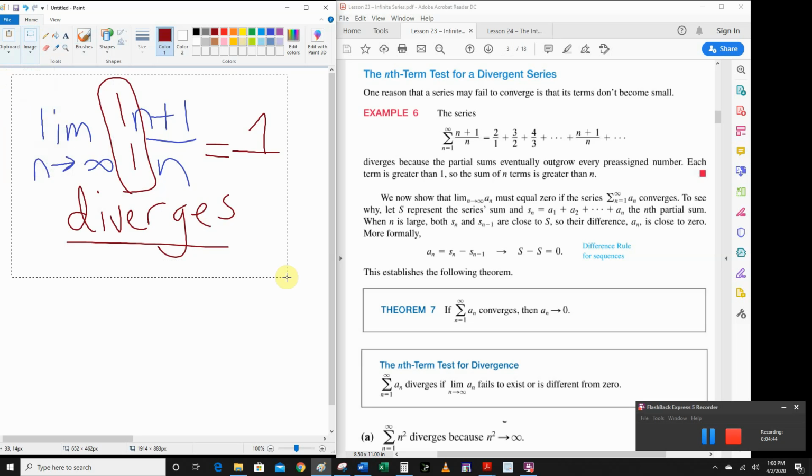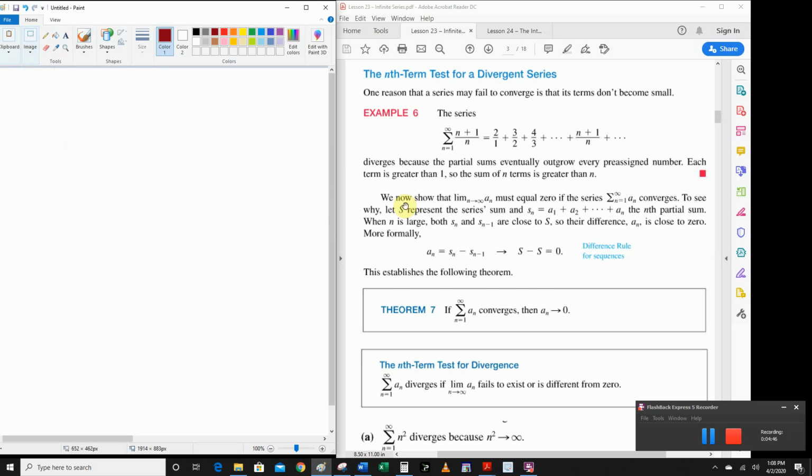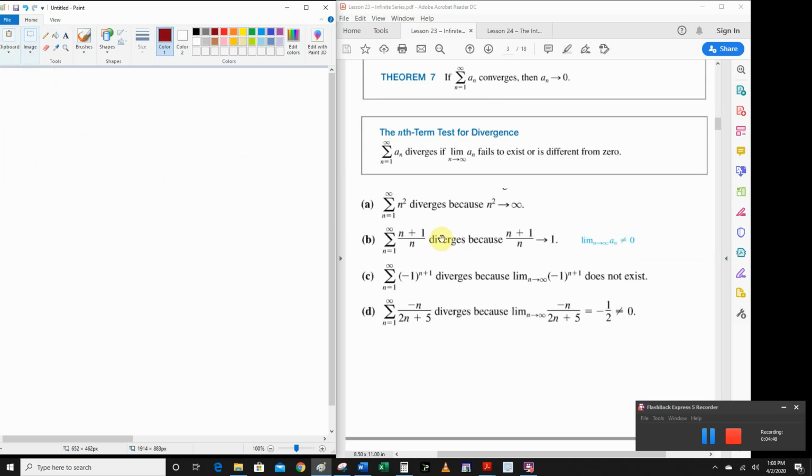Let's look at some other examples. Part A, this series clearly diverges because if you take the limit as n approaches infinity of n squared, then infinity squared is still infinity, and that means our limit fails to exist or is different from 0.